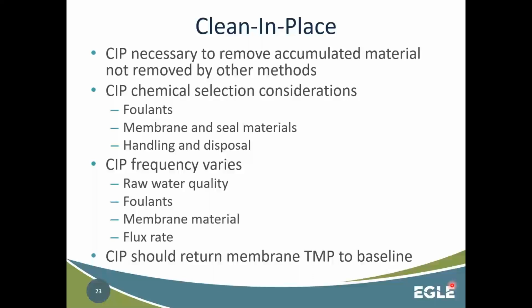And as I said, the frequency to do this will very much vary on your source water and other factors. So it's going to depend. And again, the goal of a clean in place is to return the membrane's transmembrane pressure back to the baseline.